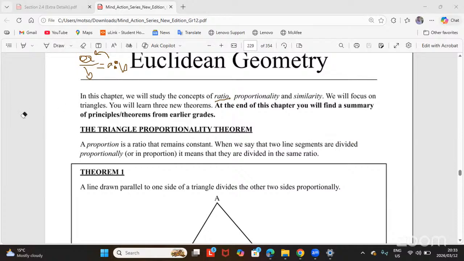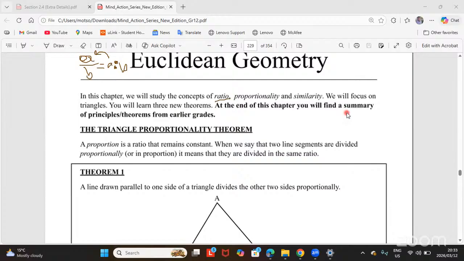You will learn 3 new theorems in grade 12, besides those you have been talking about in grade 11, the tangent-chord theorem, and the angle at the center is 2 times the angle at the circumference. We are no longer going to talk about those theorems here in grade 12. We are going to talk about these 3 new theorems.